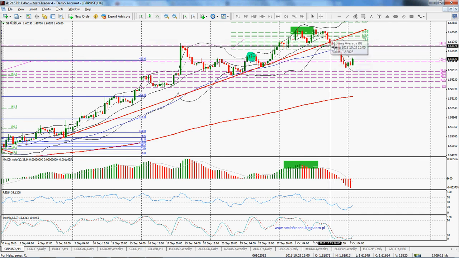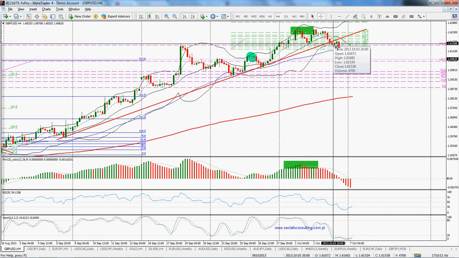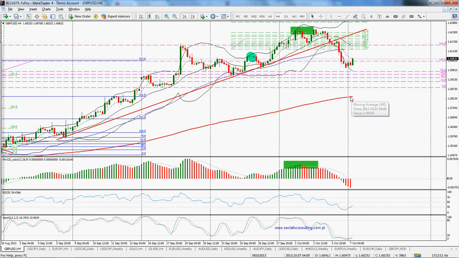So you take a short position just after the candle is closed, so you try to take the first position with a stop loss above that top here, and you've got almost 100 pips, 110, you've got 150, and that should make 1 to 2, 1 to 3, I guess. I think we will reach this moving average 200 as well, because this was quite strong.